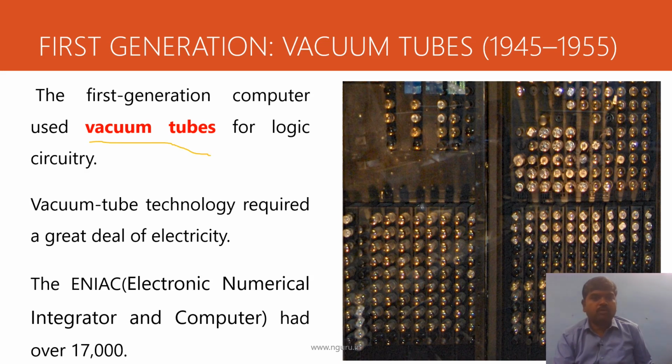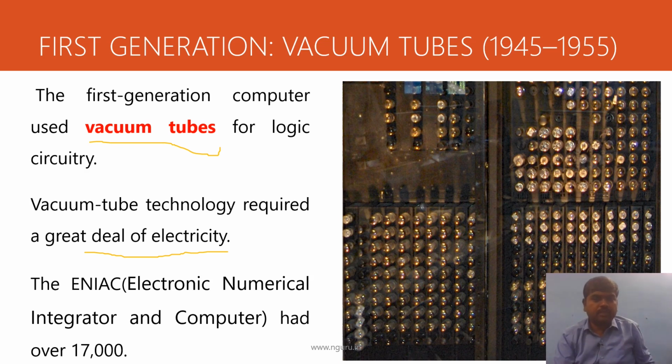Vacuum tubes were used in the first generation. They used to take up an entire room, and they also take more electricity.